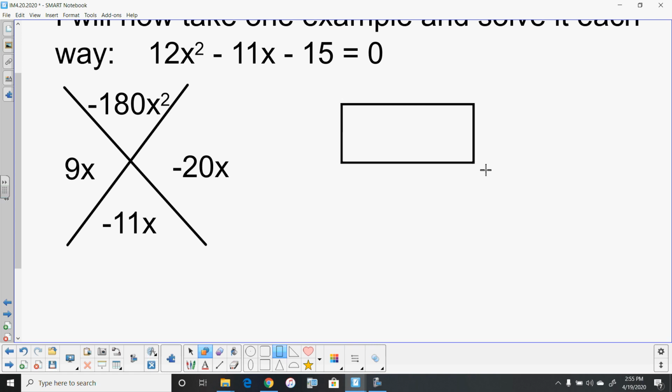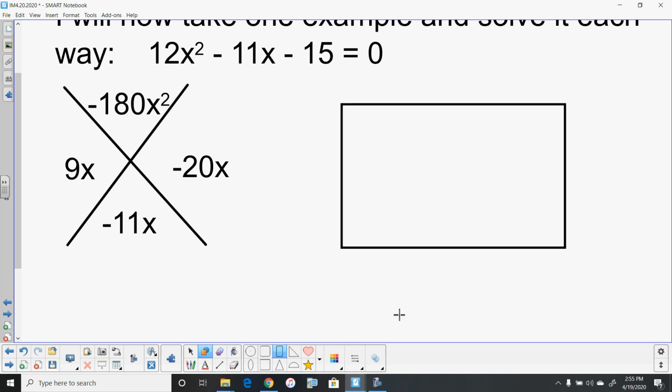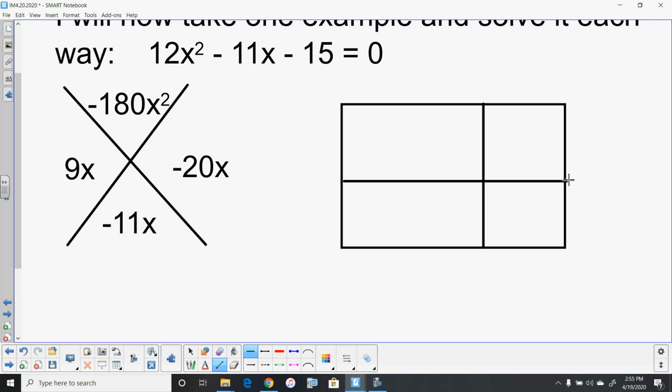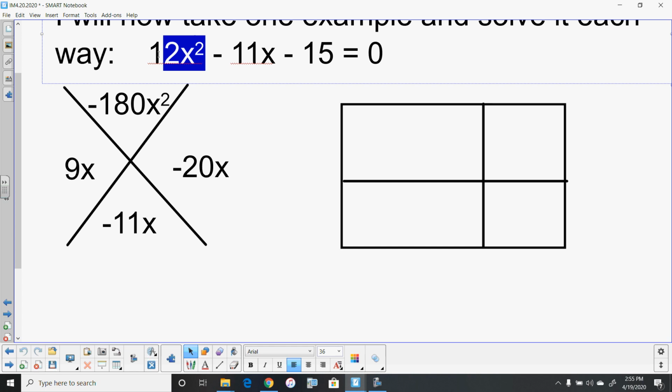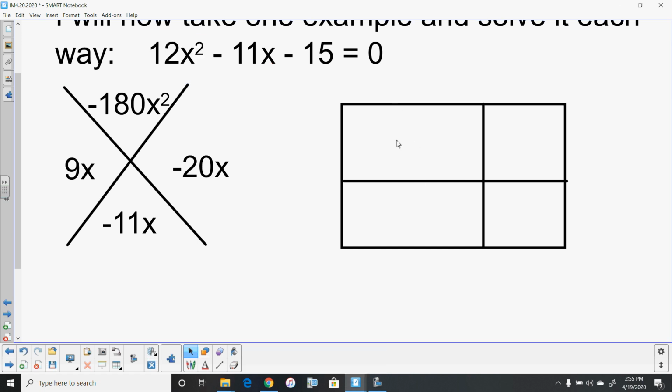Okay, well, now we've got to go to the rectangle. So we're going to make our rectangle. Make yours with me here. Whatever the first term, 12x squared, that's going to go in the upper left-hand corner where I always like to put it.